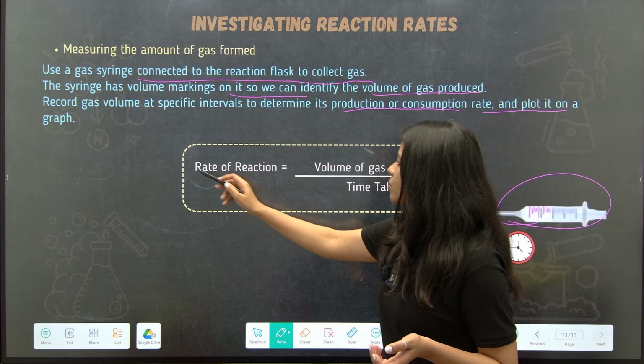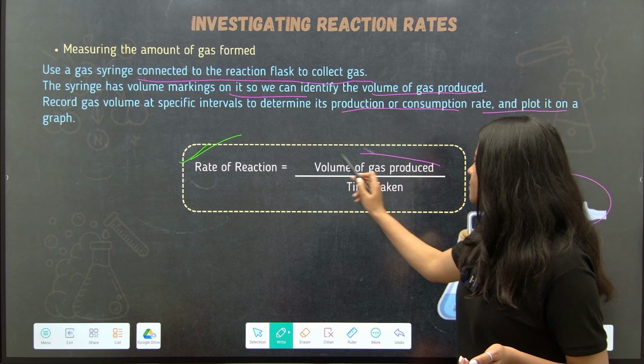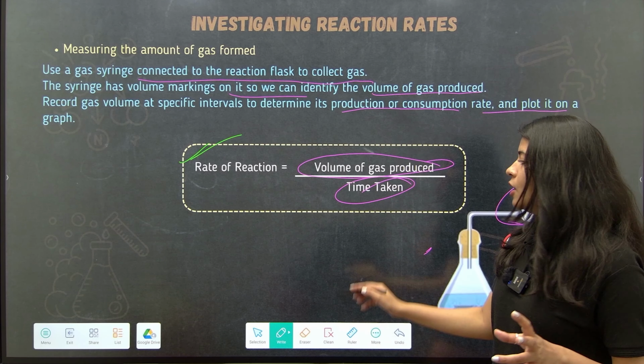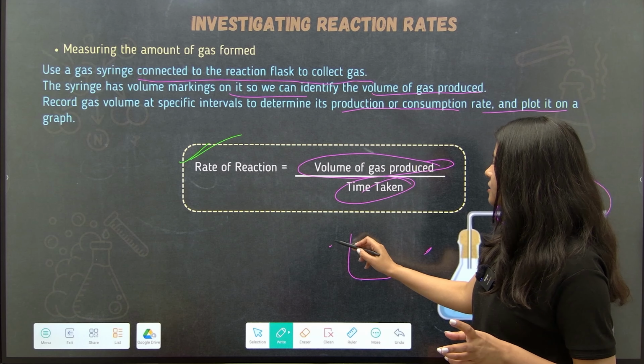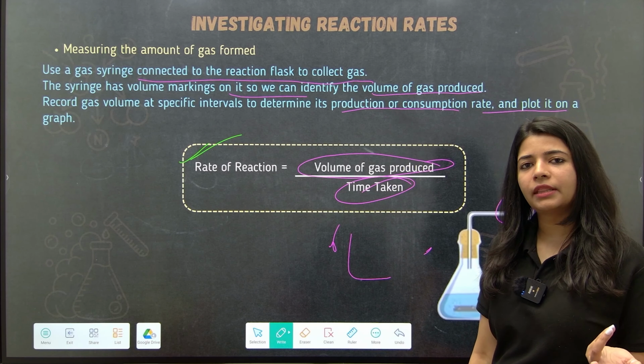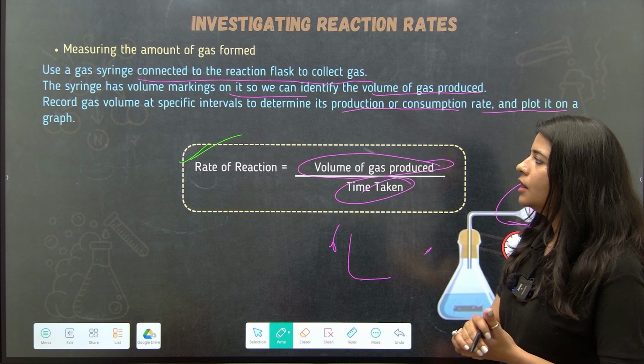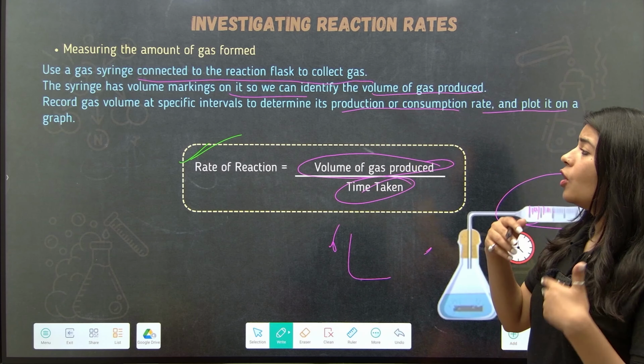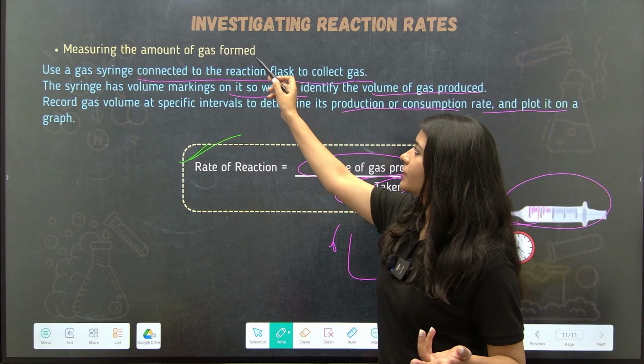Same formula we are going to use: volume of gas produced divided by time taken. The graph will have time on the x-axis and volume of gas on the y-axis, and then you'll plot the graph and you'll get the answer. This is how you measure the amount of gas formed.